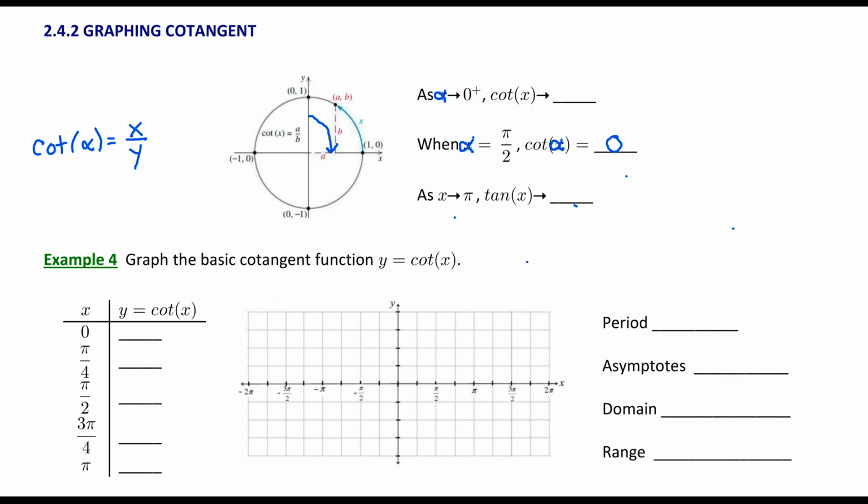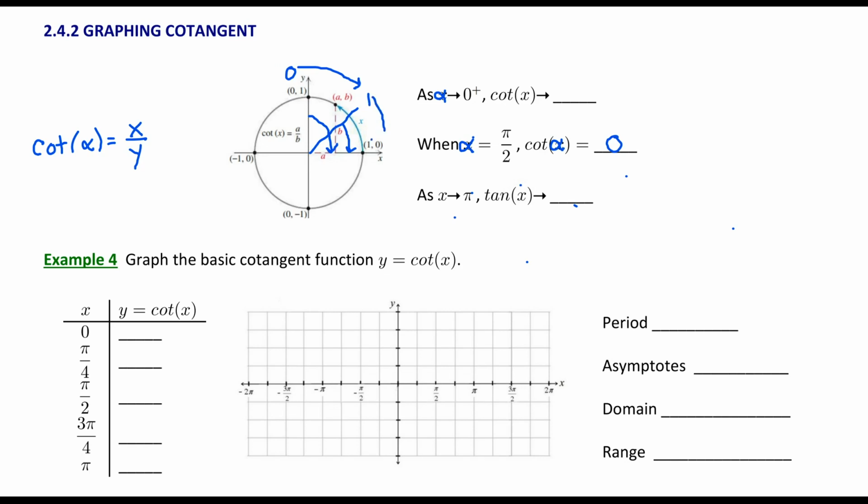The value of cotangent at pi over 2 is 0, as we've observed. At pi over 4, the value is 1. So notice the value of cotangent is increasing from 0 to 1.